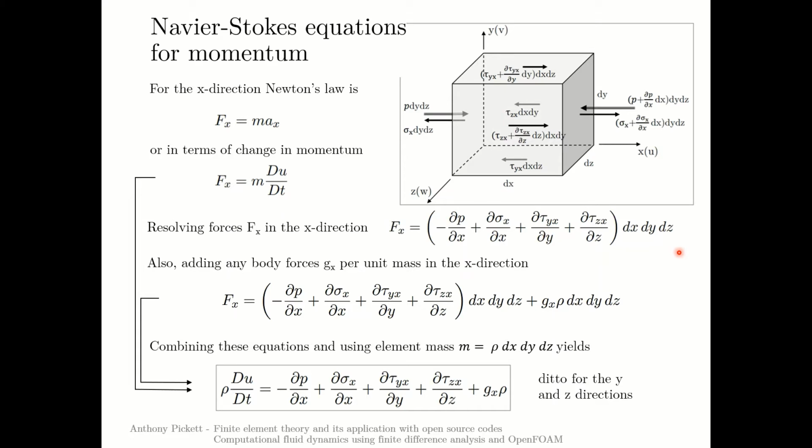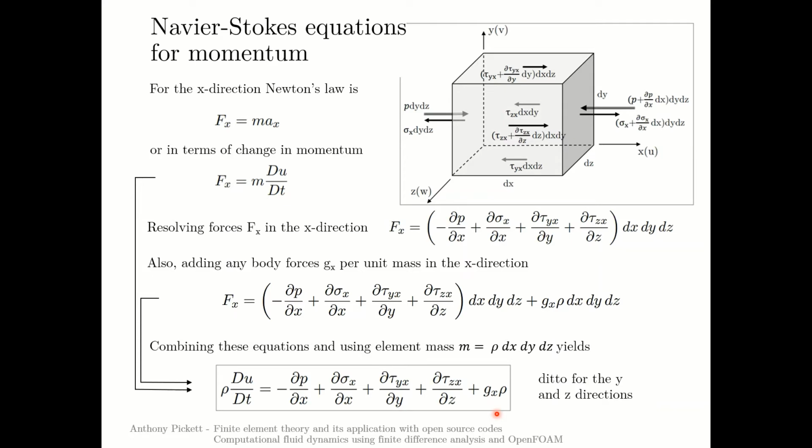You can add a body force to this. For example, the most important body force would be gravity. I'm simply adding this term in here. So it will be the component of gravity times the density times the volume. And then lastly, in this equation here, we simply take this expression plus this expression, so this is equal to this amount here.